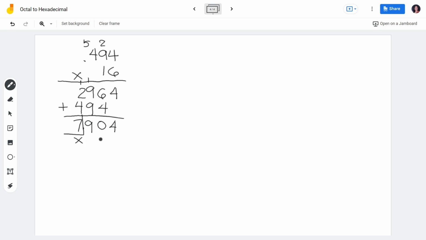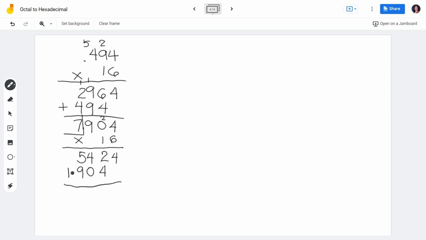And then again times 16. So 4 times 6 is 24. 6 times 0 is 0 plus 2, so we have 2. 6 times 9 is 54. And then 1 times 4 is 4, 1 times 0 is 0, and 1 times 9 is 9.